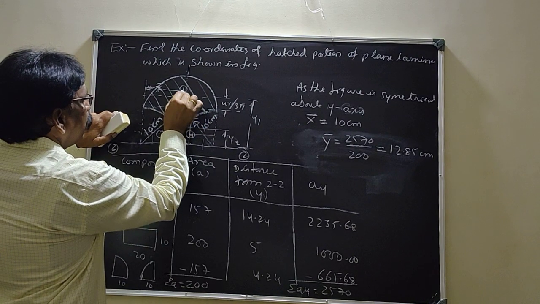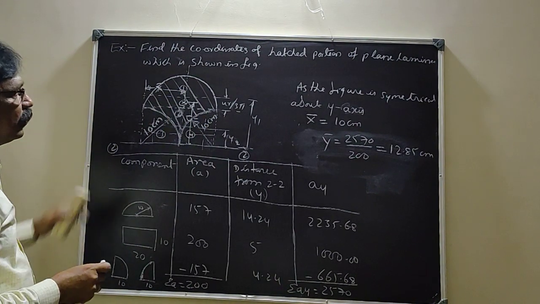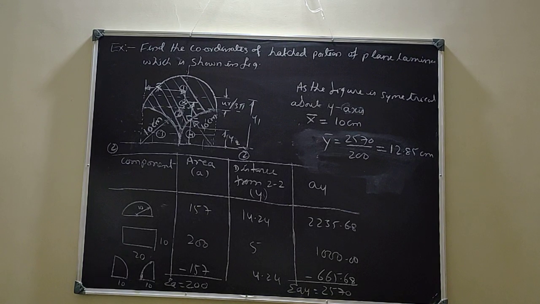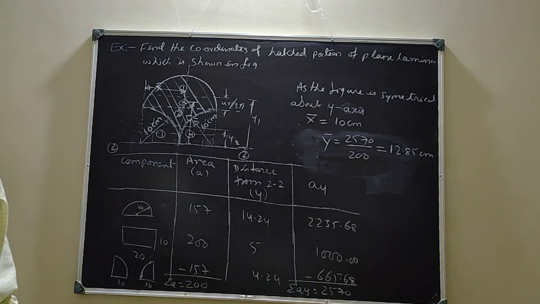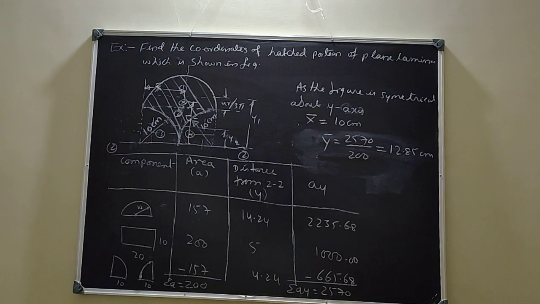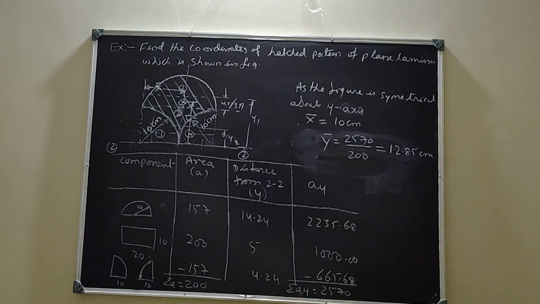So this will be the centroidal distance of this hatched portion. This is how one can calculate the center of gravity. The question may be to find the coordinates, or to find the center of gravity, or the coordinate distances. So one and the same. This is the way in which you are supposed to calculate the things.